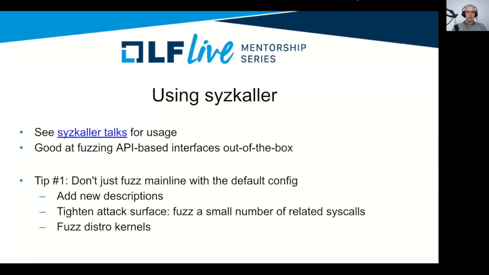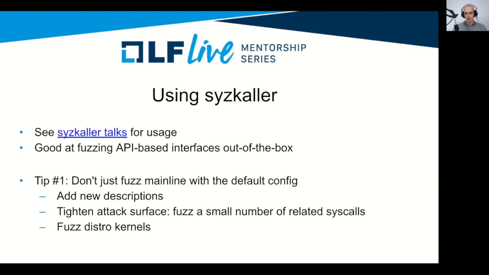Some tips about using syzkaller. The first one is don't just fuzz mainline with the default config, because we already have syzbot that fuzzes the mainline kernel with a bunch of config options enabled. And if you're going to be fuzzing it locally, most likely you will not find anything new. So to actually find some new bugs with syzkaller, the first thing that you can do is to add new descriptions.